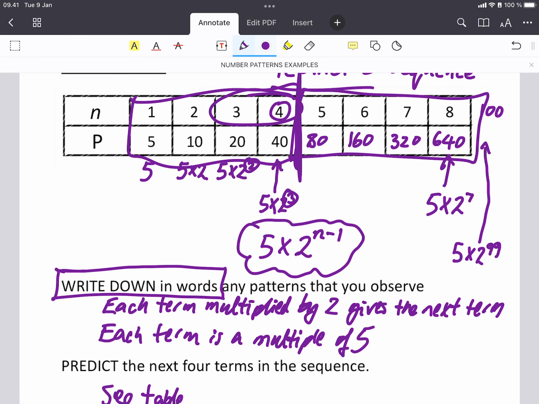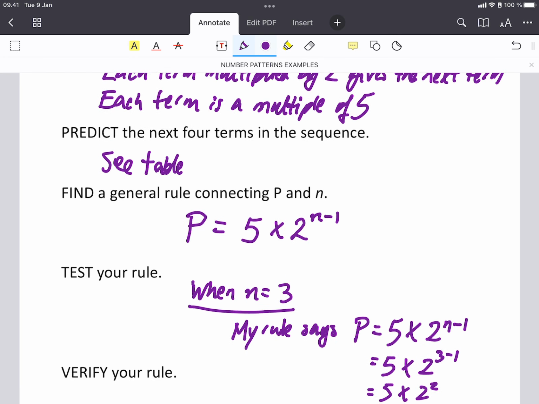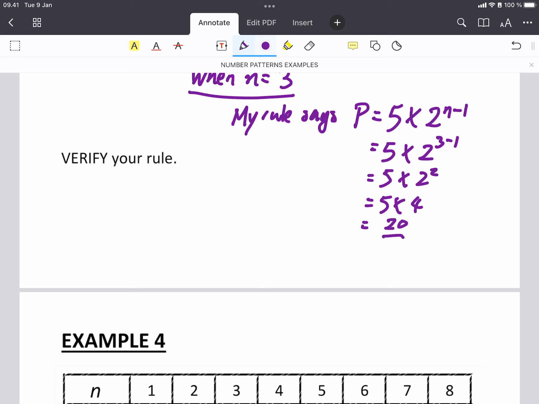And looking at the table, it is 20. So this matches the value in the table.